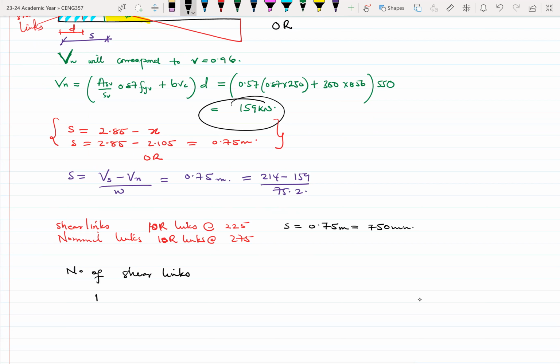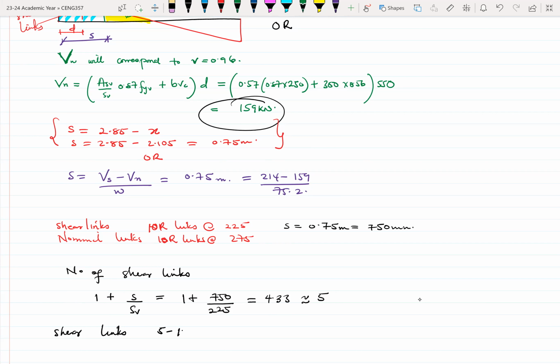It is 1 plus S over Sv, which is the spacing. So in this case, it's going to be 1 plus 750 over 225. Let me see, 750 divided by 225 plus 1. That'll give us 4.33. So approximately we need 5. So for the shear links it is 5.